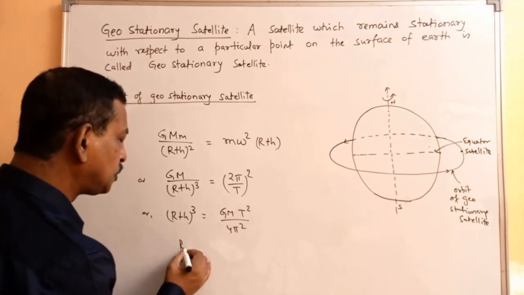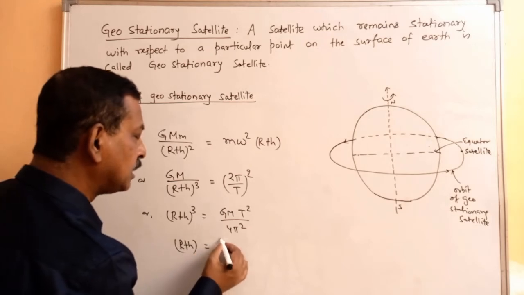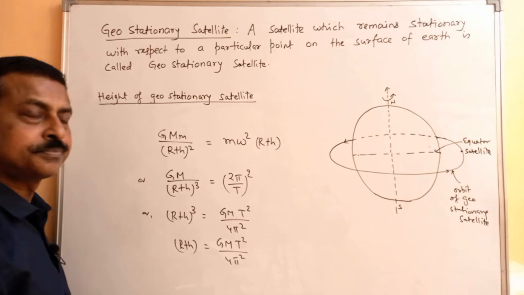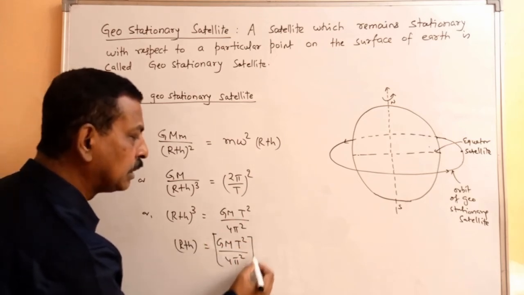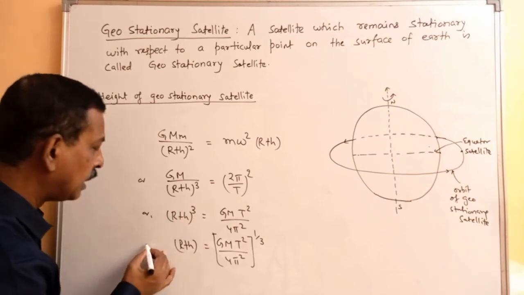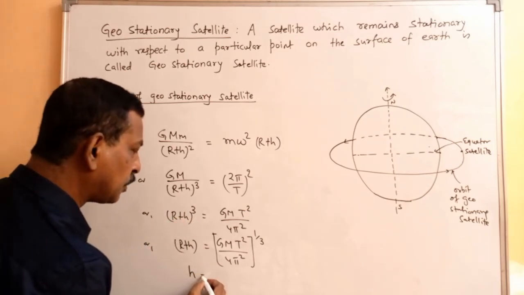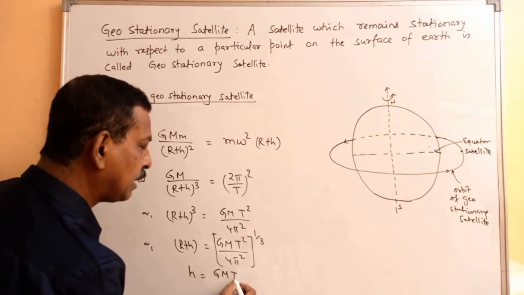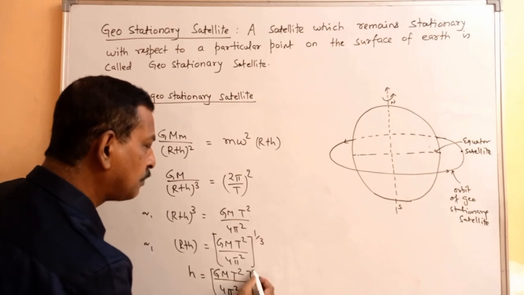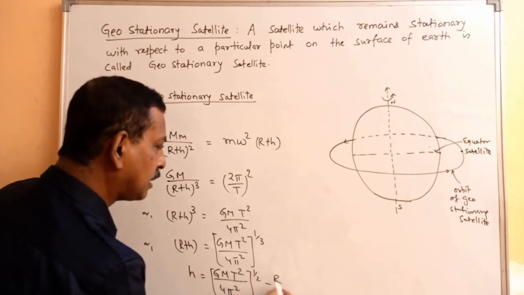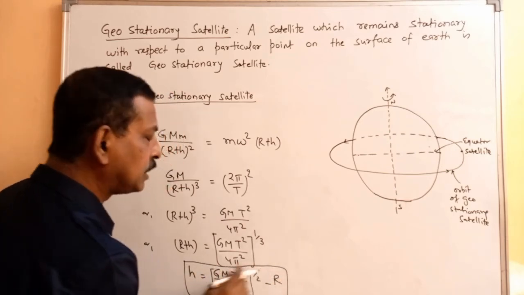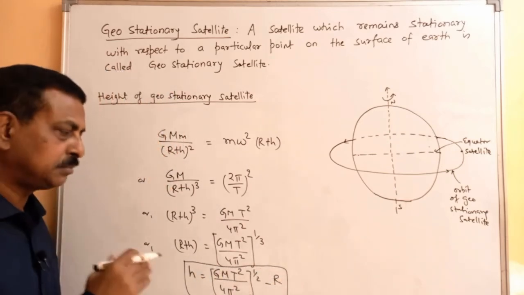Obviously r plus h equals (GM T square by 4 pi square) to the power 1 by 3, because it was cube here. So h equals (GM T square by 4 pi square) to the power 1 by 3, minus r. This will give the expression for the height of a geostationary satellite above the surface of Earth.